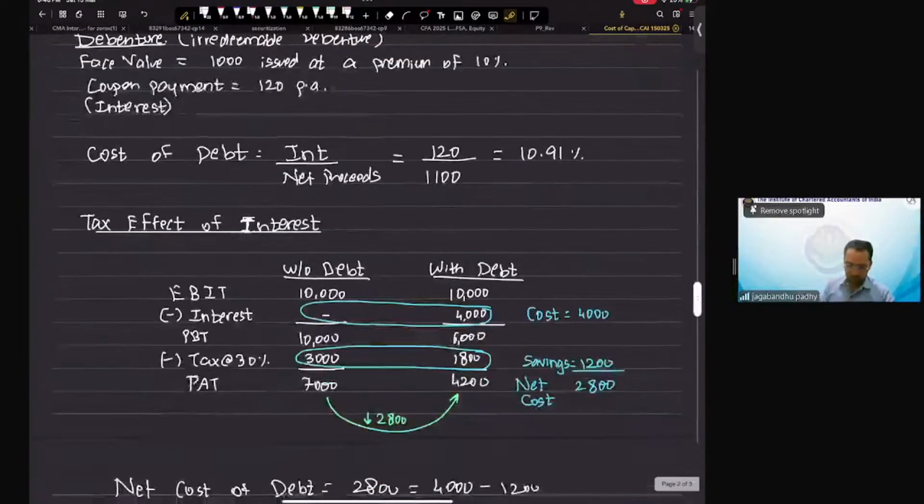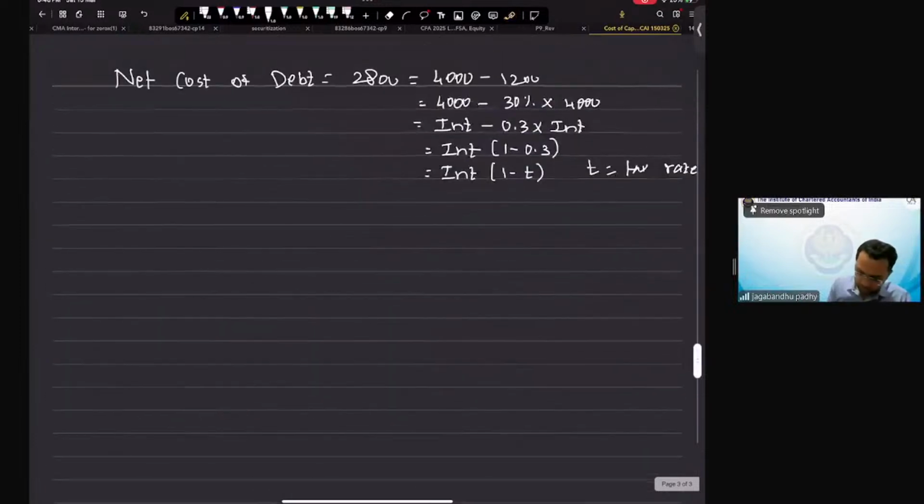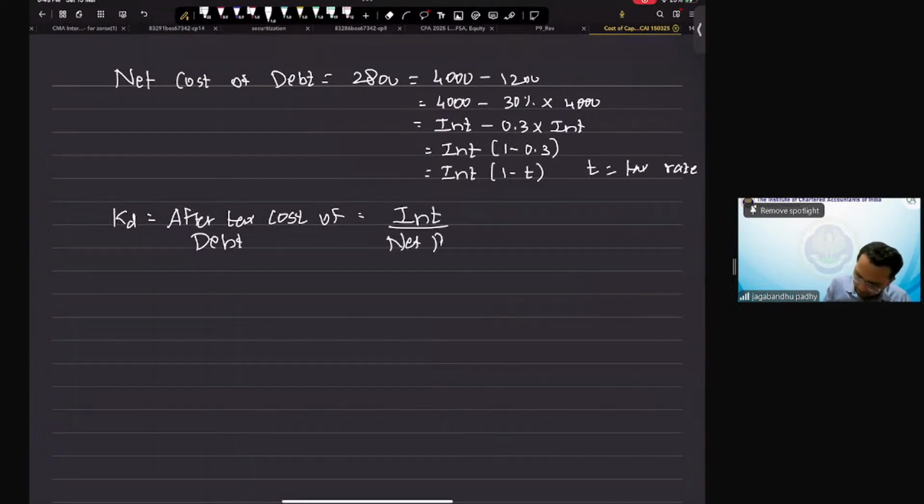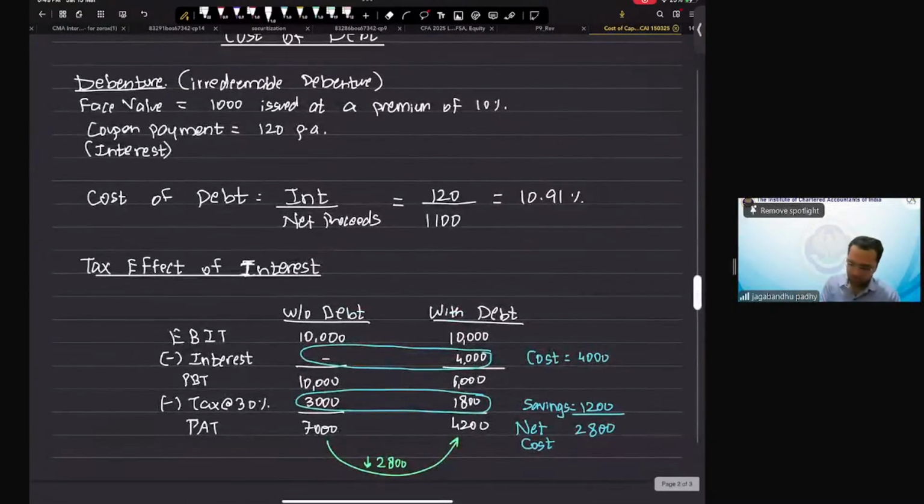So basically, it's the after tax cost of debt. Here, if you want to say what is the KD, KD means we're talking of after tax cost of debt. The formula we have stated is interest upon net proceeds. That's what we have computed, right? 120 upon 1,100, interest upon net proceeds.